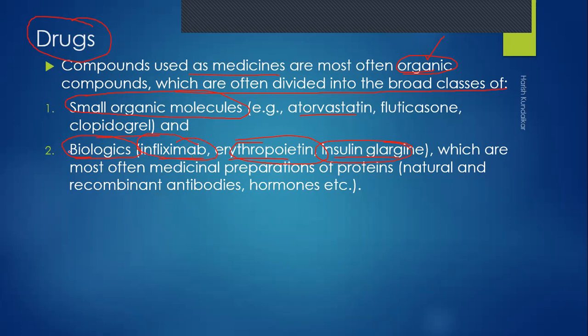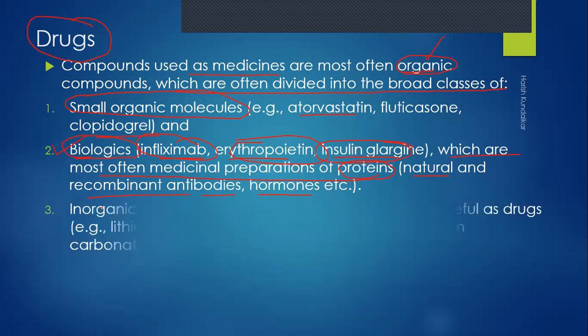So biologics are nothing but biotechnologically derived products, which are most often medicinal preparations of proteins. Proteins can be either natural proteins or recombinant proteins like antibodies. We can have hormones as well. Those all come under the heading of biologics.